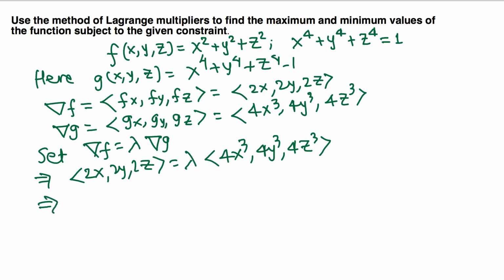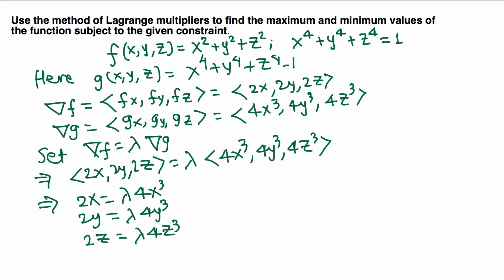That implies first component equals first component. We can distribute lambda inside, so we get 2x equals lambda 4x cubed, 2y equals lambda 4y cubed, and 2z equals lambda 4z cubed.